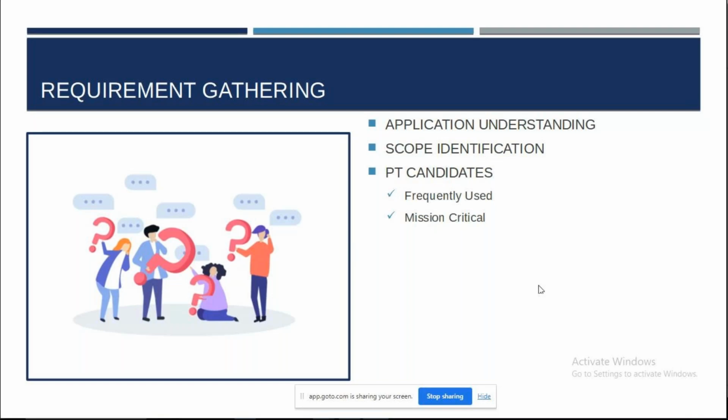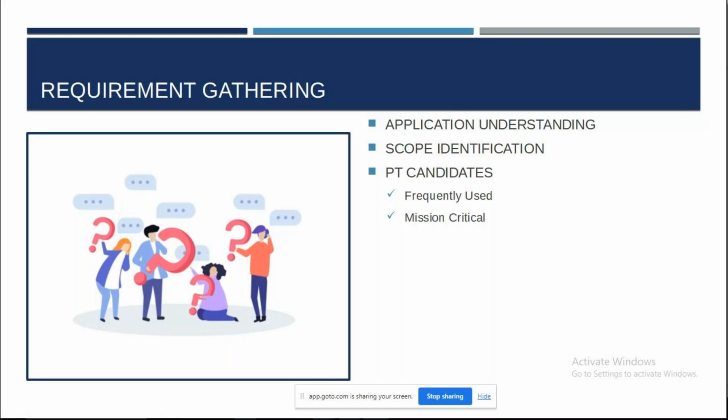That is why I will call it a frequently used transaction, frequently used scenario. So do you all understand what is frequently used now? The functionality in the application under scope which is going to be used by the most number of users is called a frequently used scenario or transaction.